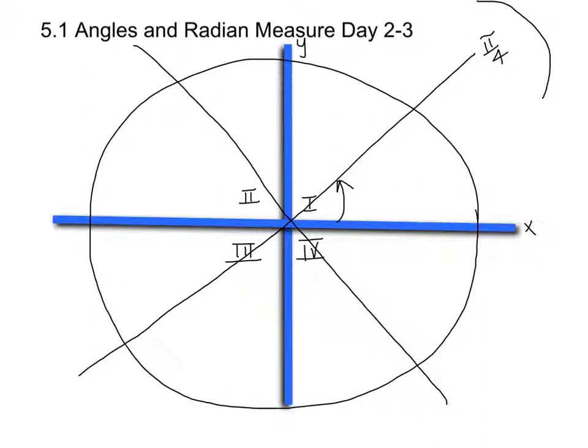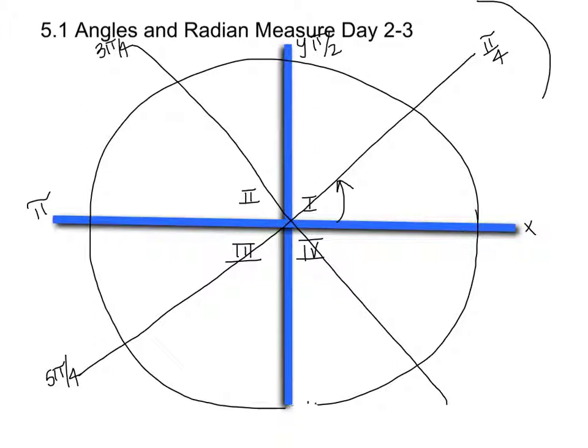And if you go all the way around the circle, counting, that's 1 pi over 4. This is 2 pi over 4, but that has to be reduced. 3 pi over 4. 4 pi over 4, which is 1. 5 pi over 4 would go here. 6 pi over 4, but we have to reduce it.